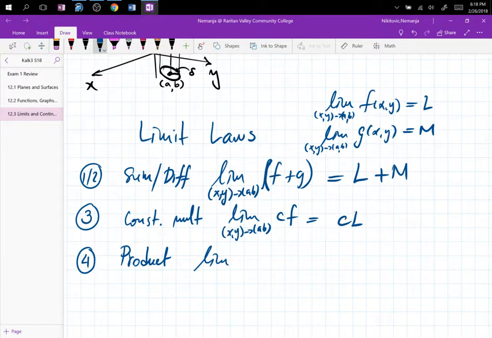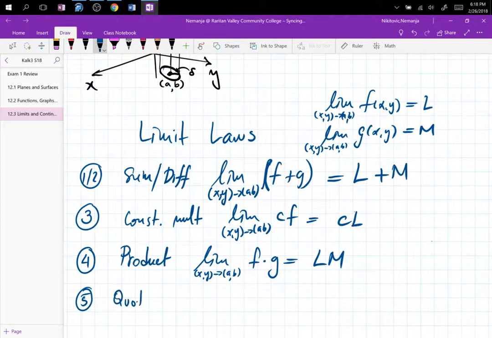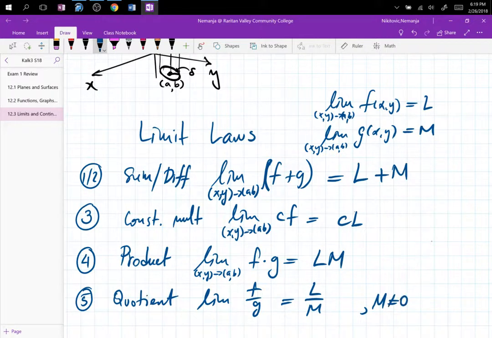But it works for limits. So the limit as xy goes to a, b of f times g is just L times m. And then the quotient is the limit of f over g, which gives you L over m, as long as m is not 0.